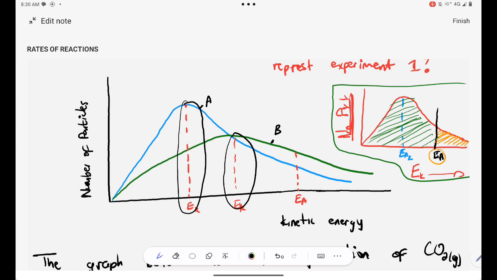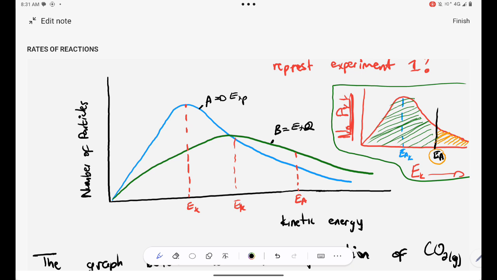So I can simply conclude that curve A is the one that represents experiment 1, and curve B will represent experiment 2.